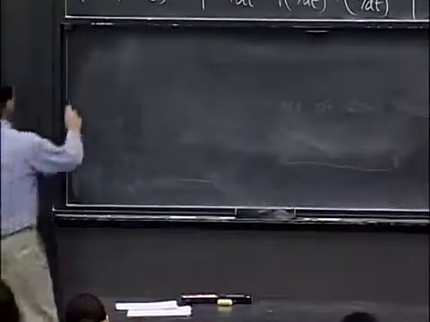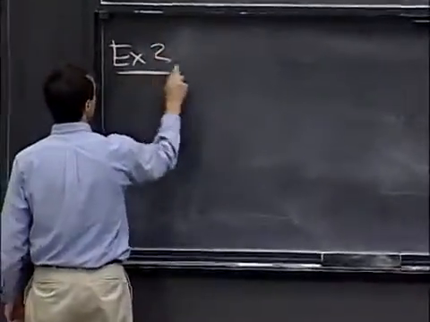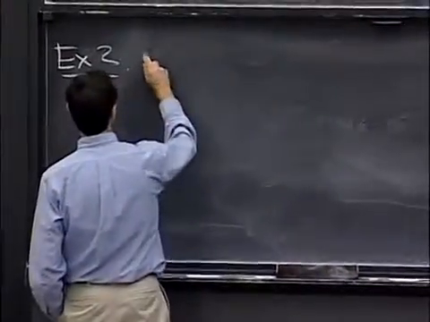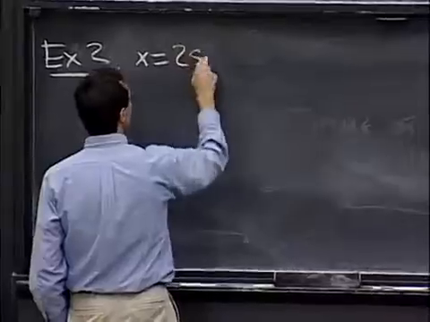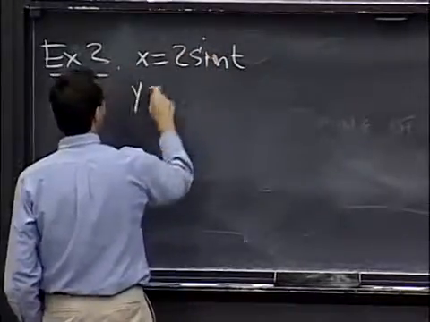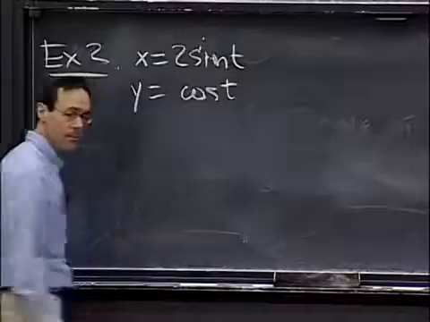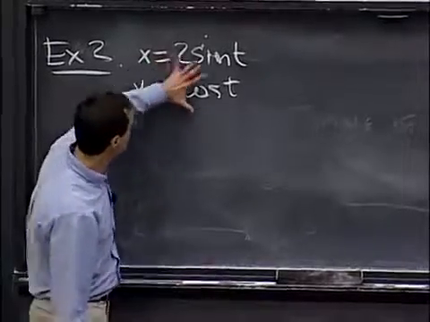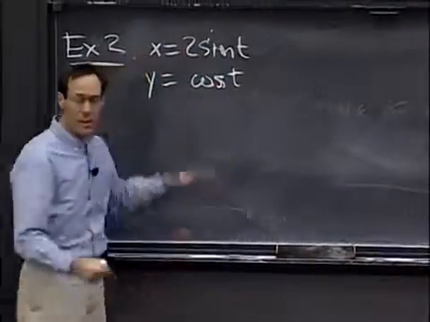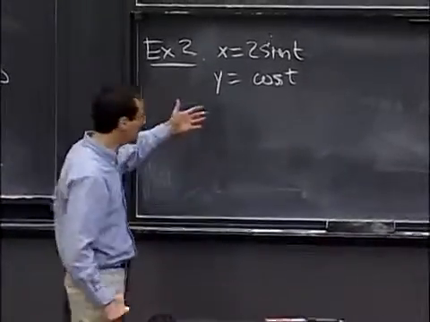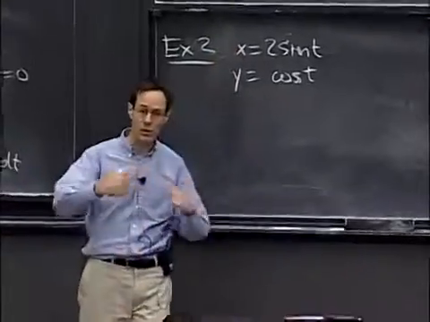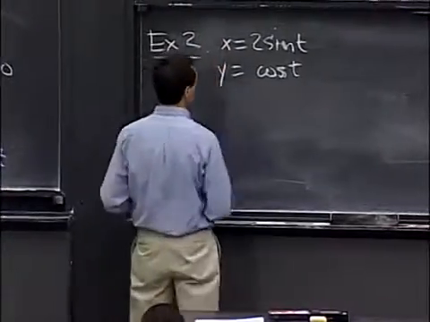All right, now the next example that I want to give you is just slightly different. It'll be a non-constant speed parameterization. Here, x is 2 sine t, and y is, say, cosine t. And let's keep track of what this one does. Now, this is a skill which I'm going to ask you about quite a bit. You'll have to connect this with some kind of rectangular equation, an equation for x and y. And we'll be doing a certain amount of this today in another context.